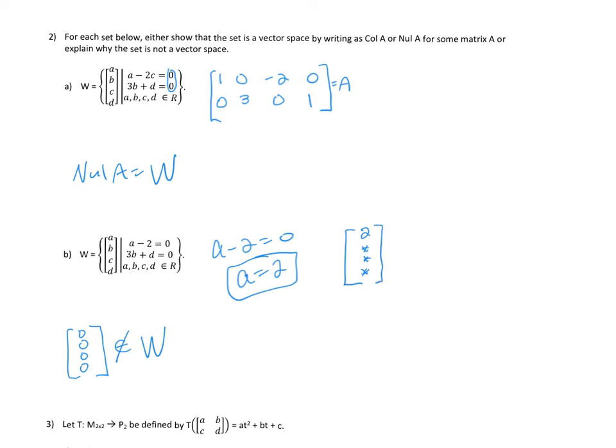So if the 0 vector is not in W, W is not a vector space. And just jumping back to part A for a minute, if you can write a set as the null space of a matrix or the column space of a matrix, that automatically means it's a vector space, because Null of a matrix and Col of a matrix are always vector spaces.